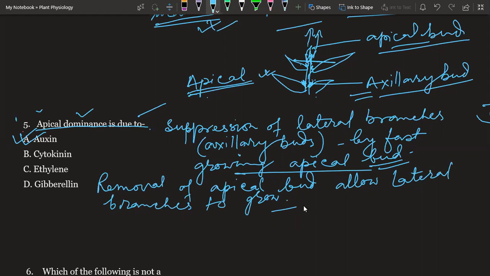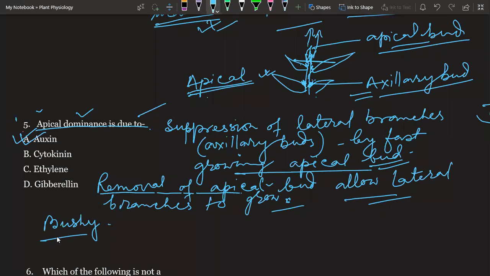If you want many branches in your garden plant or any other plant, so that there will be many flowers or fruits, you can just pluck the tip of the plant, then you will find the lateral buds growing.